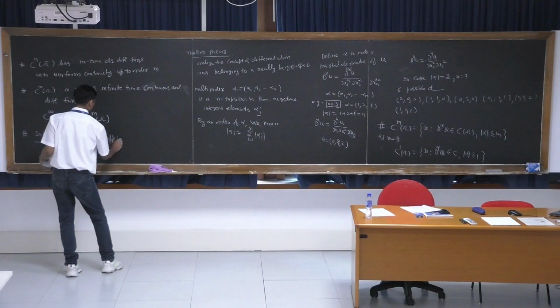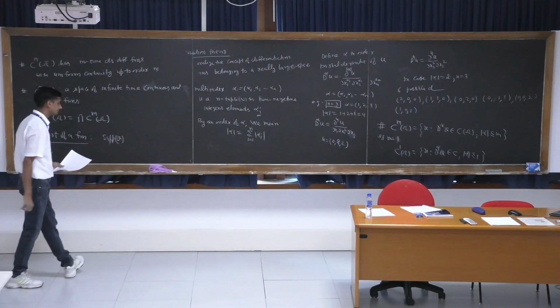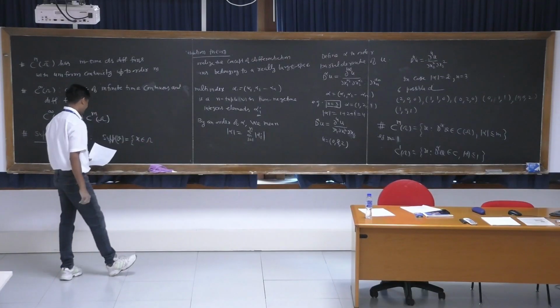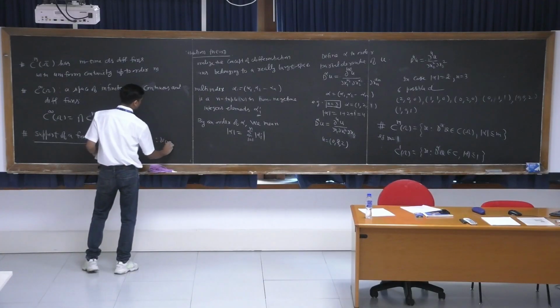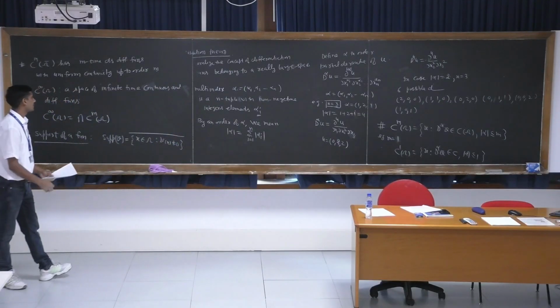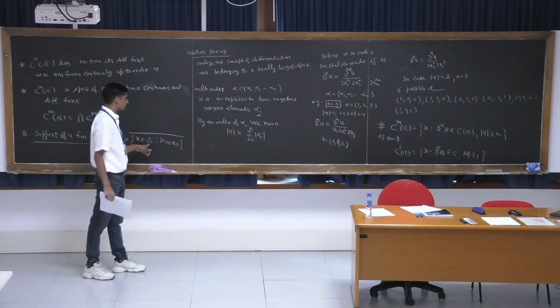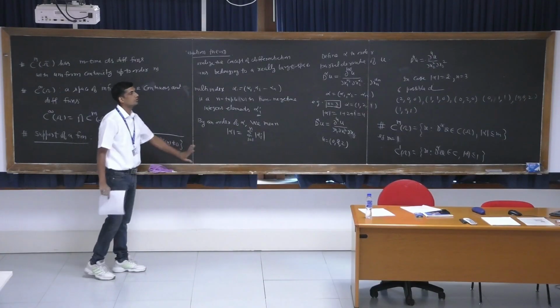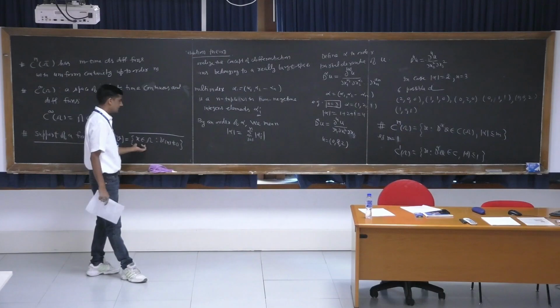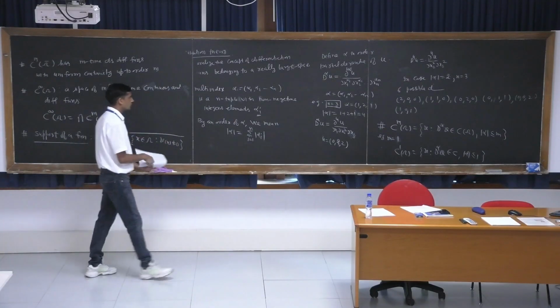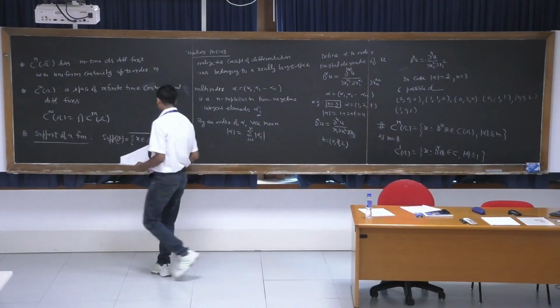Support of V means the set of elements of omega where this function V is not equal to 0, and the closure of that. This is the support of V.